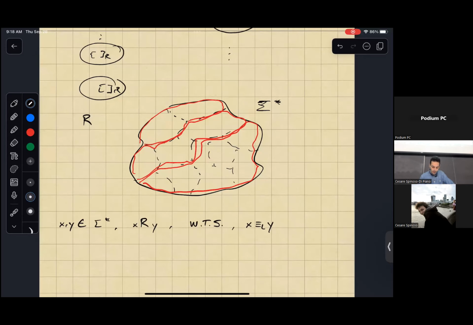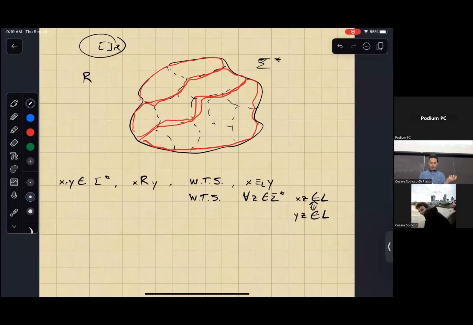By definition, that means that I alternatively want to show that if I take any string z in sigma star, and I stick that string to x, and I stick that string to y, then if xz is in L, it must imply that yz is in L, and vice versa. That's what I need to show. So this is an if and only if.